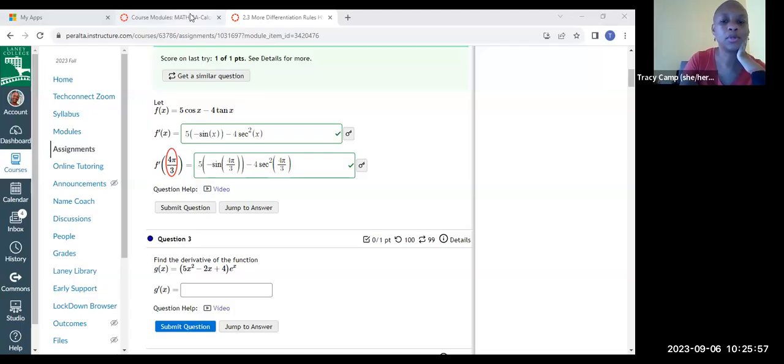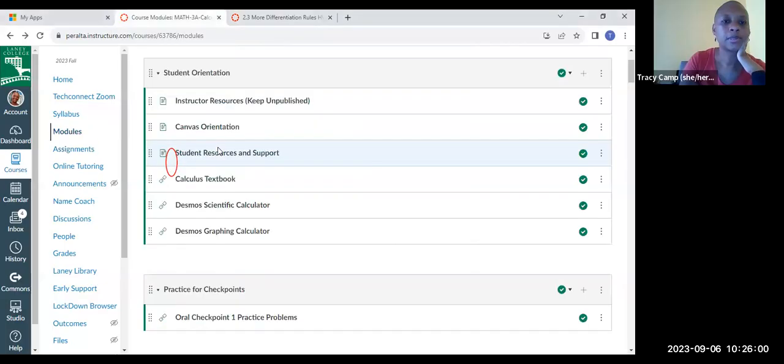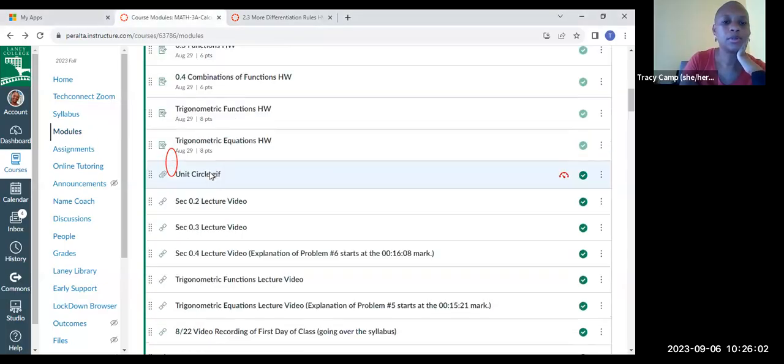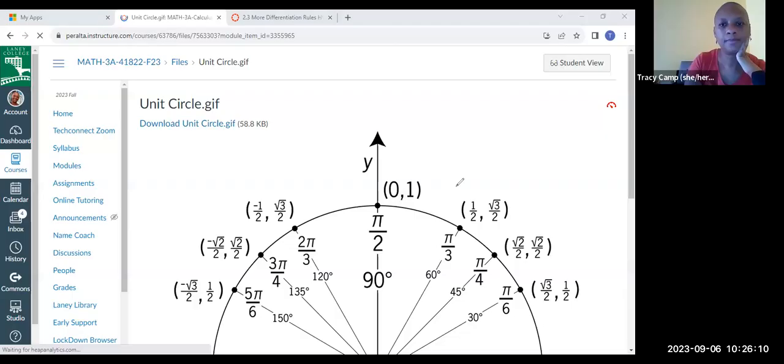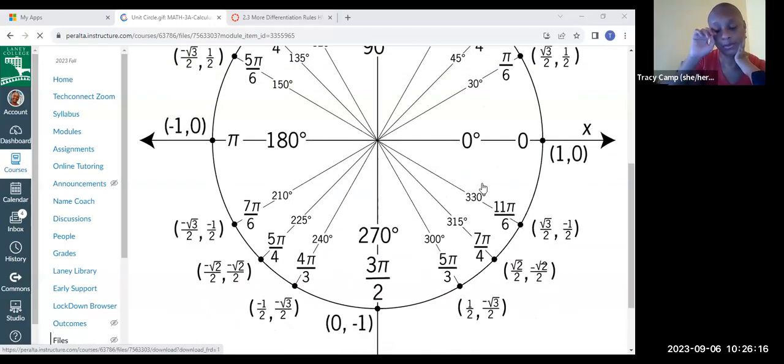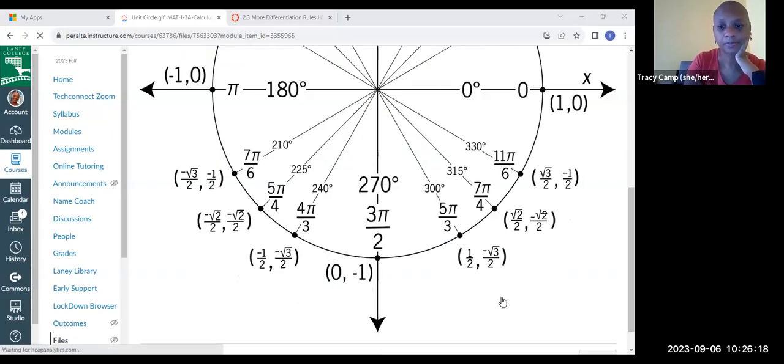If you go to the unit circle and notice where 4 pi over 3 is located, remember that sine is the y value. So this is telling us that sine of 4 pi over 3 is negative root 3 over 2.